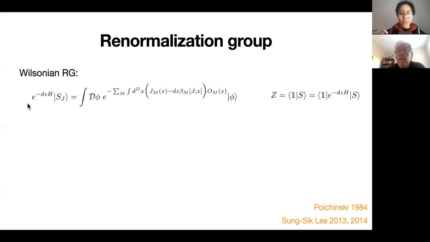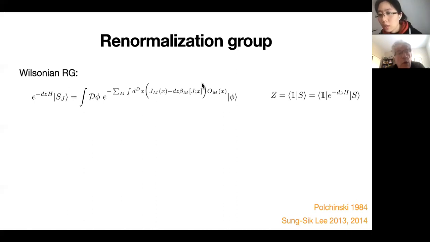For an infinitesimal step of coarse-graining, we can treat the RG transformation as a linear operator. It can act on the state vector, which transforms this Boltzmann weight into a new Boltzmann weight, with the coupling change described by the beta function sourced by any possible couplings. So this is the full beta function.